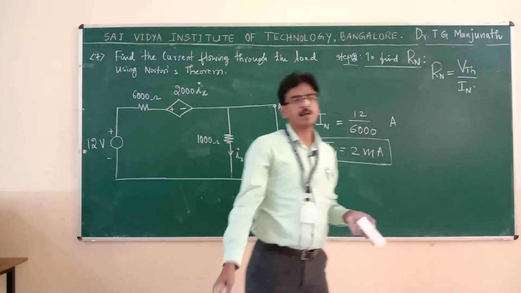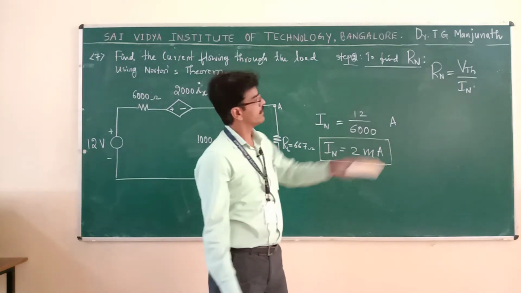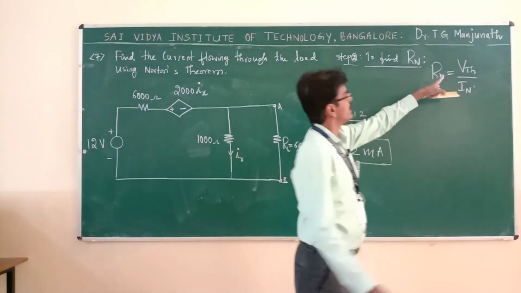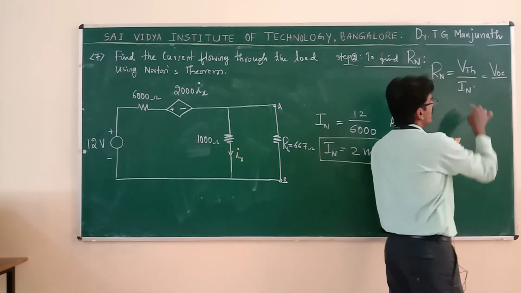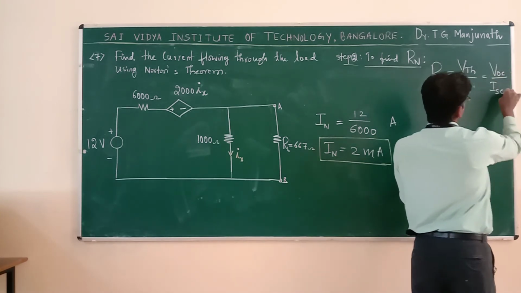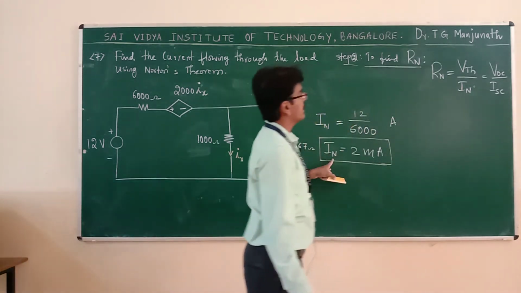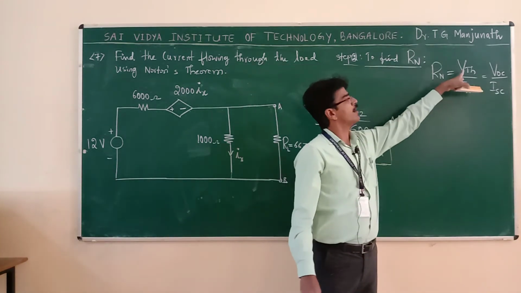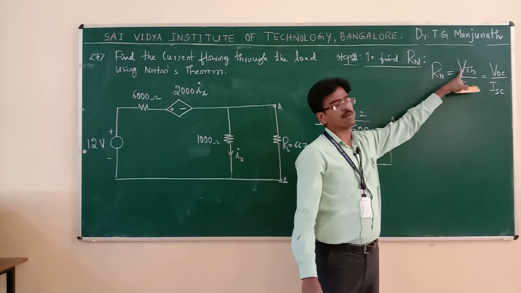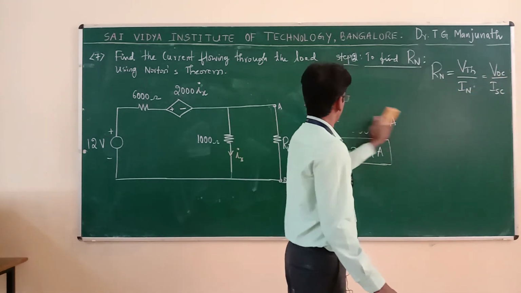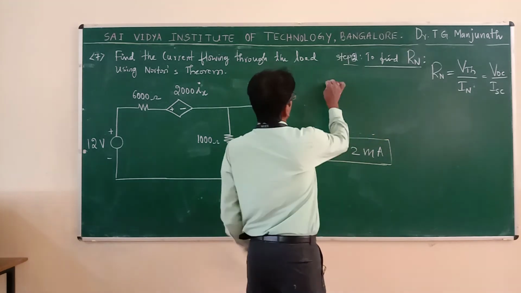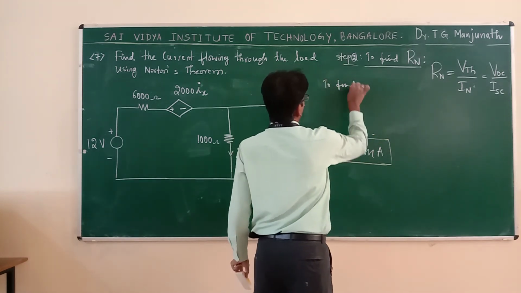So, whether you are finding Norton's resistance or Thevenin's resistance, the procedure is the same. What is V Thevenin? V Thevenin is nothing but the open circuit voltage. What is IN? IN means the short circuit current. So, already we got the short circuit current. Now, my intention is to find V Thevenin. V Thevenin is nothing but what? Open circuit voltage. Now, let us find V Thevenin.